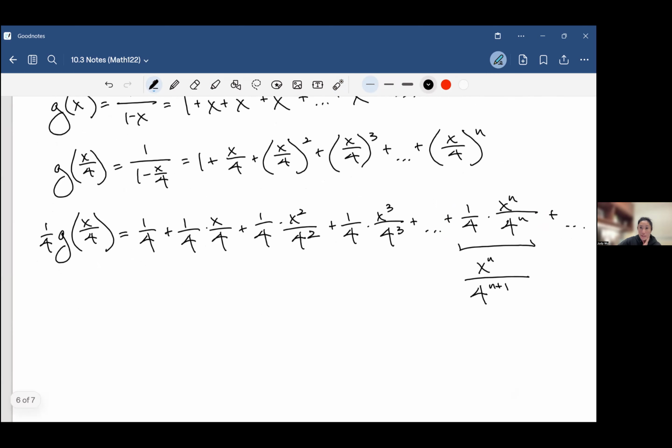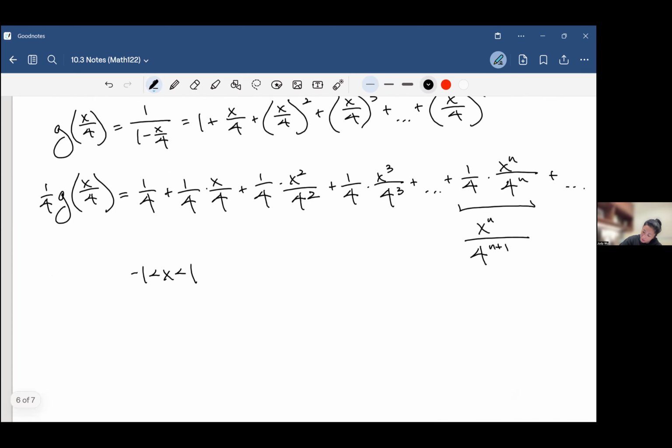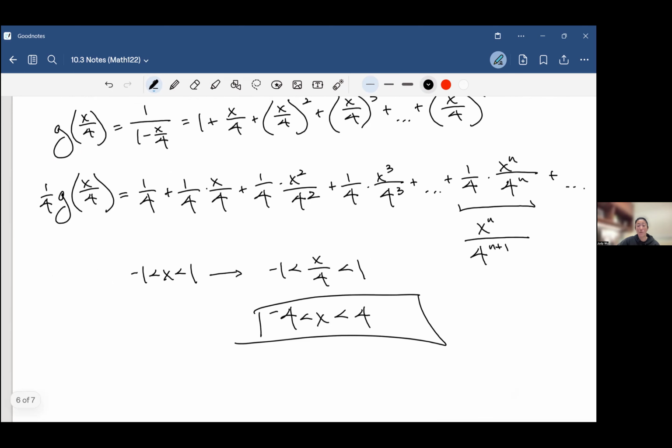All right, well, what about this interval of convergence, though? It used to be this. But then, instead of an x, we put x over 4. So this is going to be negative 1, x over 4, 1. Now I'm going to multiply the 4 to both sides, negative 4, x, 4, and this is my new interval of convergence, okay?